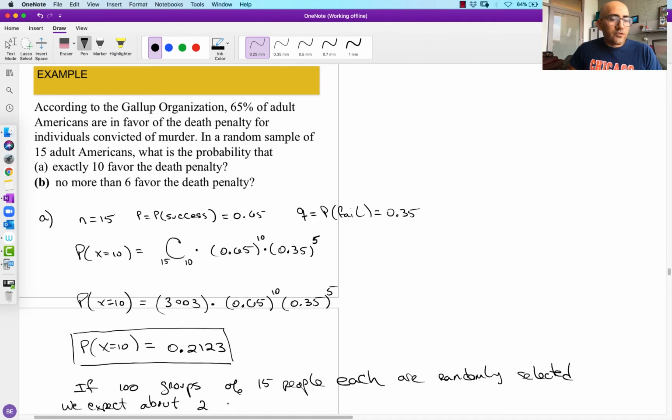It's 21.23, but about 21 to 22. So about 21 groups out of the 100 to have exactly 10 out of 15 people in that group, to have exactly 10 people favor the death penalty.